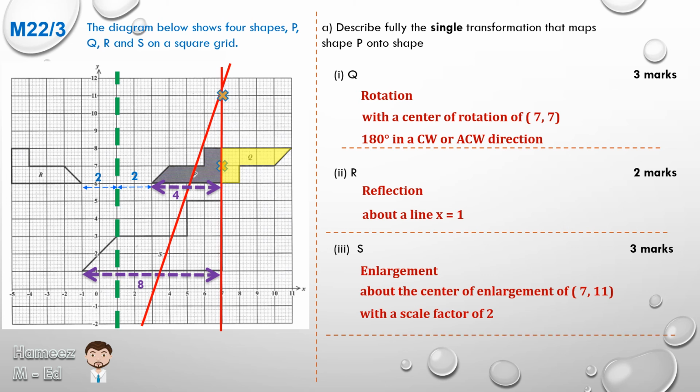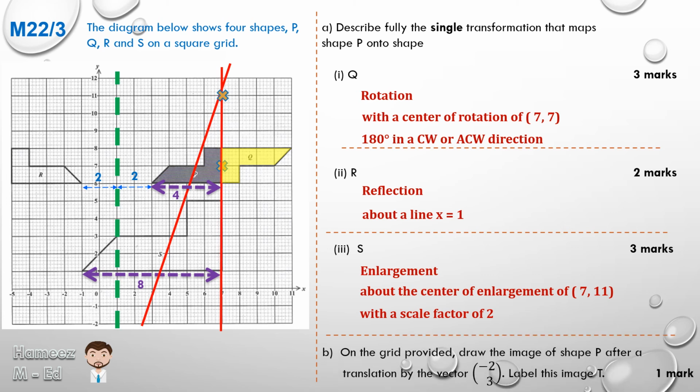And part B, the last part of the question, on the grid provided, draw the image of shape P after a translation by the vector -2, 3. Label this image T. So shape P is our original image again, which is shaded, and we want to translate it. Means that we want to slide the image by the column vector notation -2, 3, which means 2 units to the left and 3 units up.